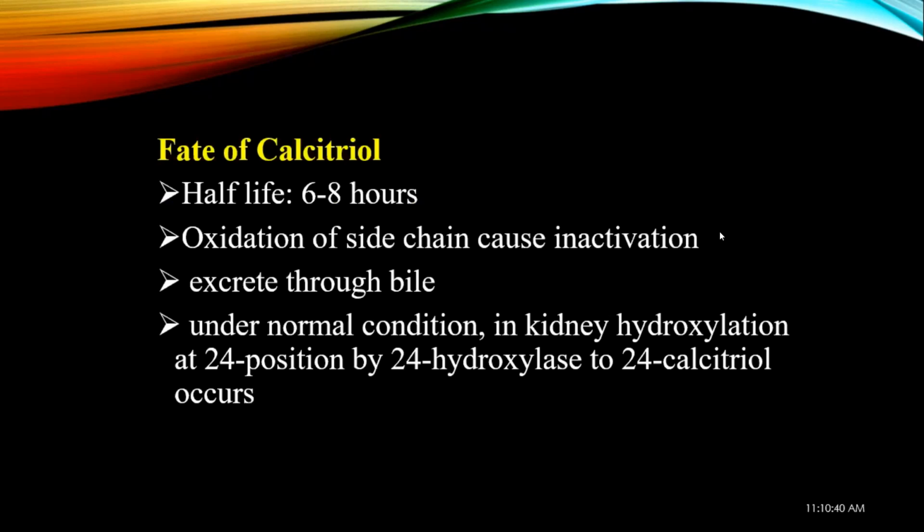Under normal conditions, in the kidney, hydroxylation at the 24 position occurs, where 24-hydroxylase converts calcitriol to 24-calcitriol. This 24-calcitriol is a compound which is less active than calcitriol. So the more active form of vitamin D is calcitriol, and 24-calcitriol is less active, so it does not possess the activity of calcitriol.